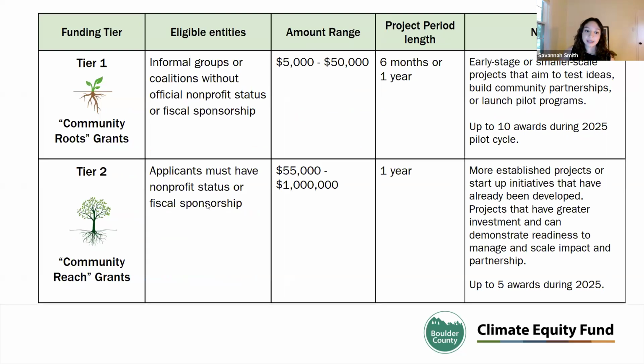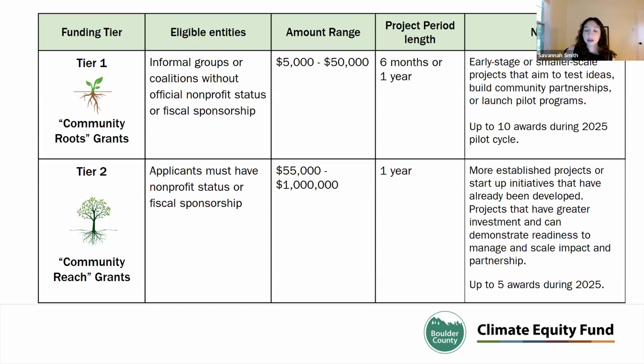Next, we have the funding tiers. We have two funding tiers. Tier 1 is the Community Roots Grants. This is geared towards informal groups or organizations without nonprofit status or fiscal sponsorship. Although this tier is geared towards those groups, nonprofits are still eligible to apply to Tier 1, but we would encourage you to look at Tier 2 as well.